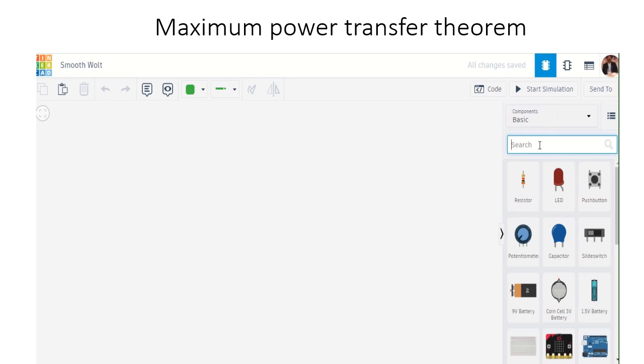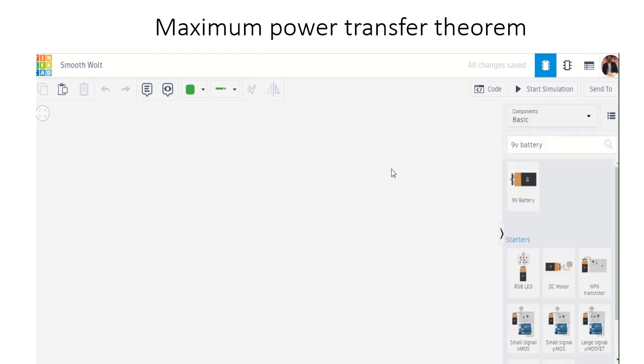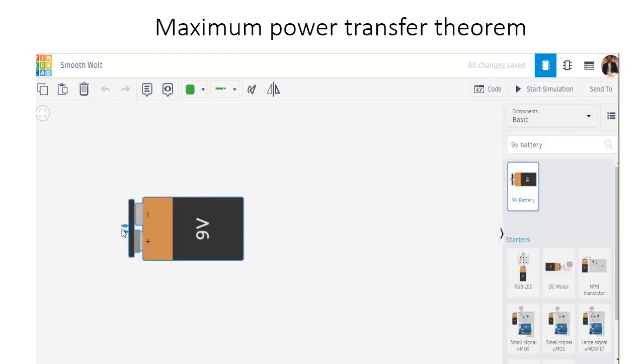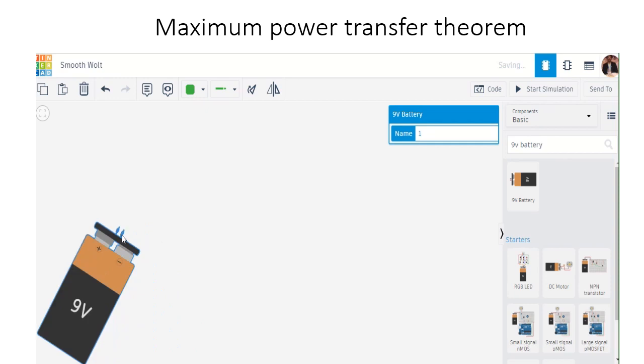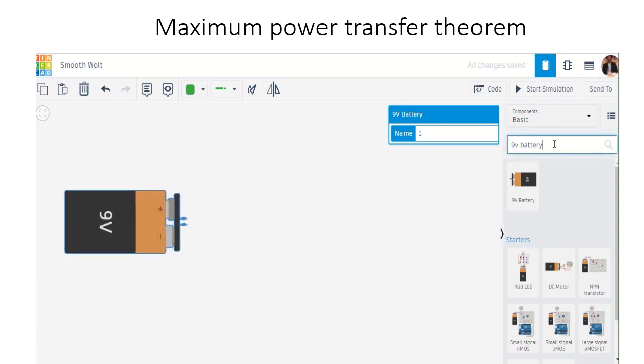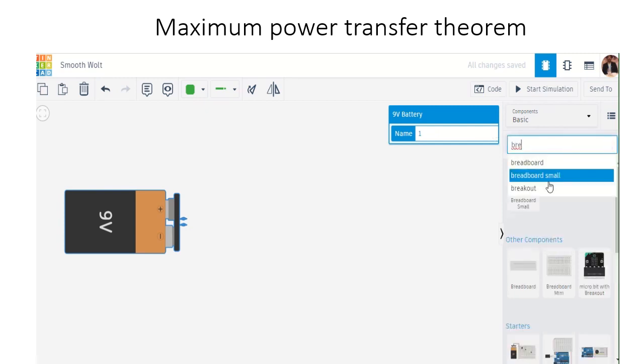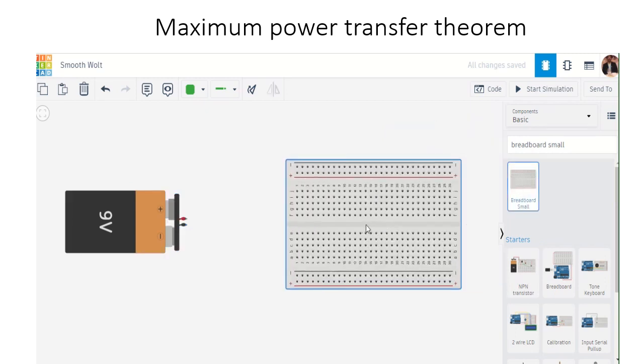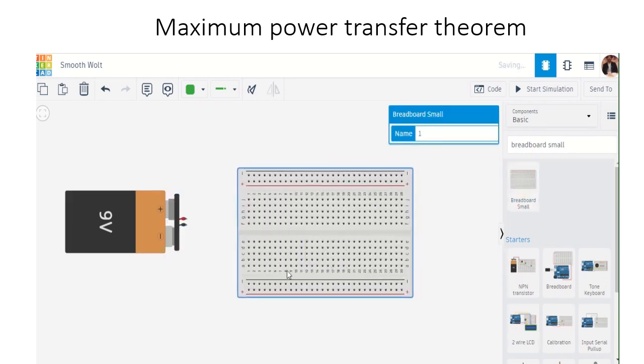For the 9-volt source, let me choose the battery. 9-volt battery is chosen. Then for connecting the resistors, let me choose a breadboard.